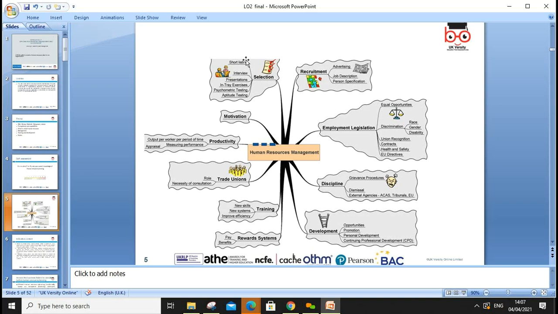So when we plan, we plan everything: recruitment, selection, employment legislation, discipline, grievance procedures, development, training, reward systems, trade unions, productivity, motivation, and the selection process. These are all key elements in human resource management.